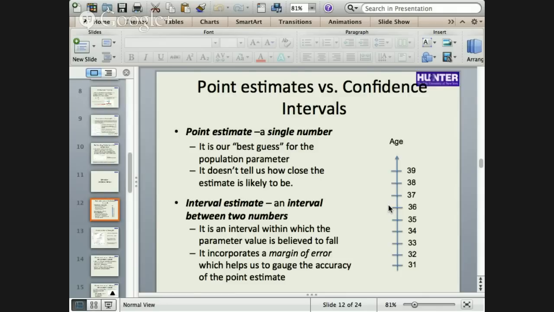So the thing to keep in mind is that the thing we're going after, in this case the age, could be other things like blood pressure, or the proportion of people who die due to some disease. It's a fixed thing, but we don't know what the answer is.